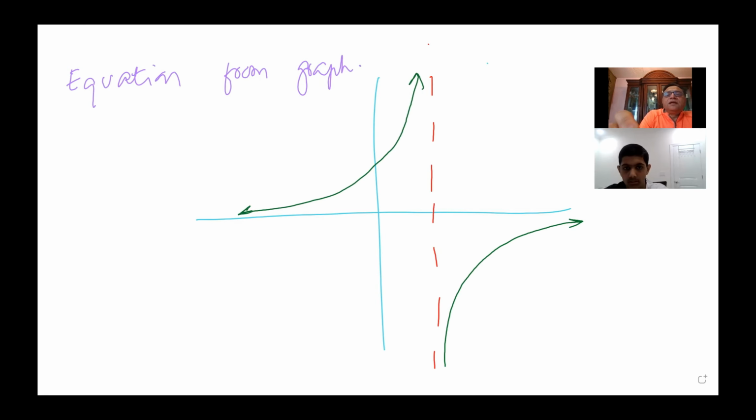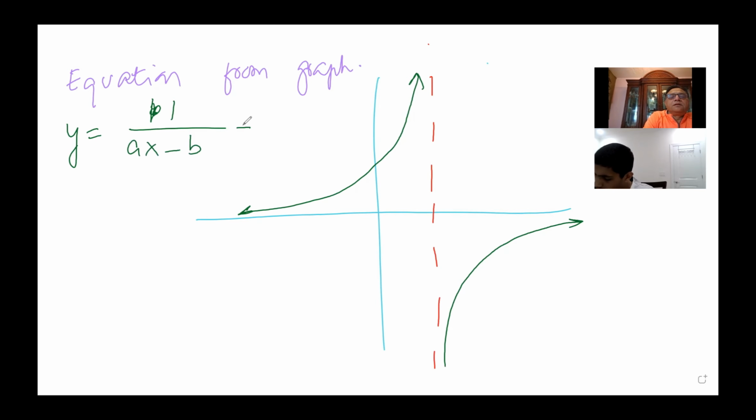And I'm saying that this function is y equals 1 over ax minus b plus k. And I'm giving you a few points here.